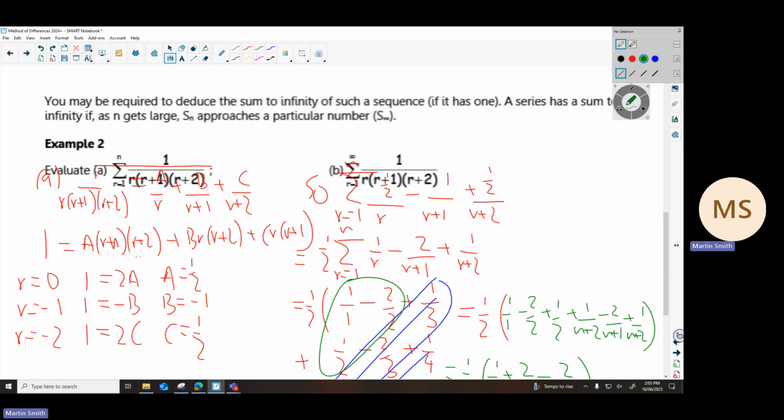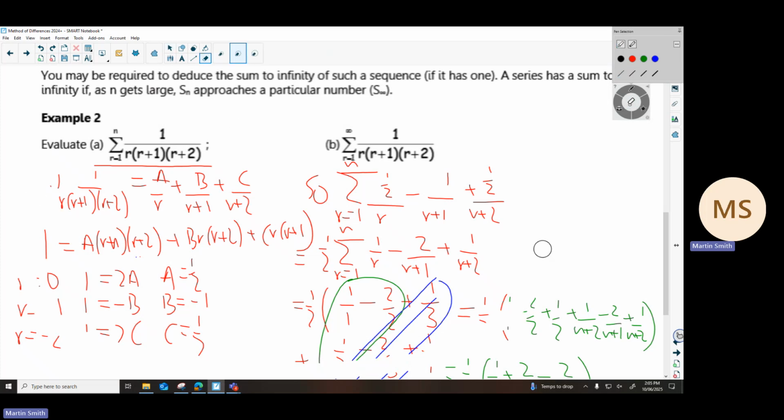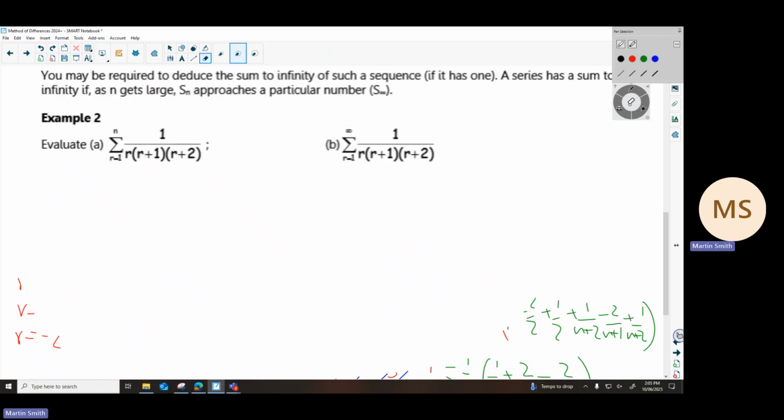Now, part B wants you to find the sum to infinity. Wants you to find the sum to infinity of this sequence, i.e. the sum from r is 1 to infinity of this sequence. Can I just clear the board a little bit to get some space, and then I'll go through how to do that. So what I have shown is the following.